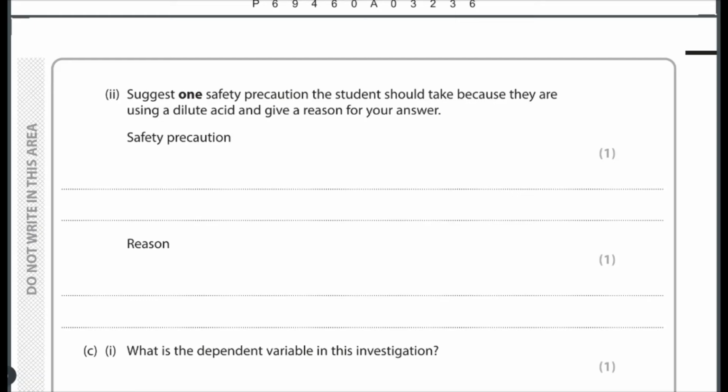For the safety precaution, we can say wear goggles, wear safety glasses, or wear gloves. We will talk about wearing goggles. The reason is, even though this is a dilute acid, it is also an irritant. We know that concentrated acids are corrosive, and dilute hydrochloric acid is an irritant, or it can cause harm. I'll note that down.